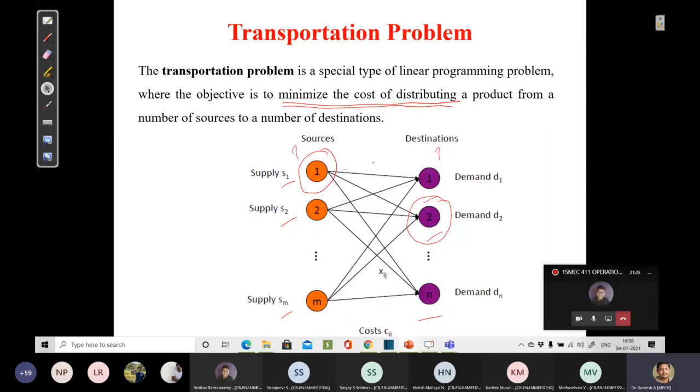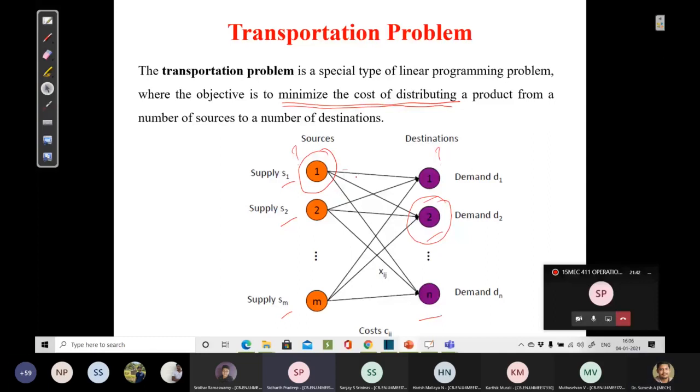Should we calculate the minimum cost simultaneously? Yes, you have to do it simultaneously.